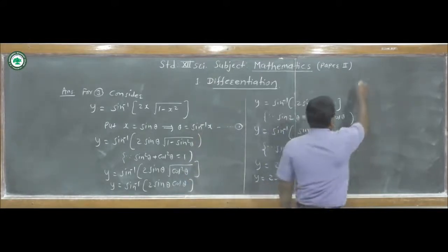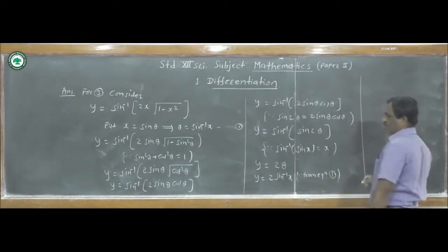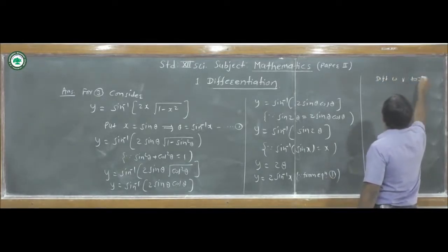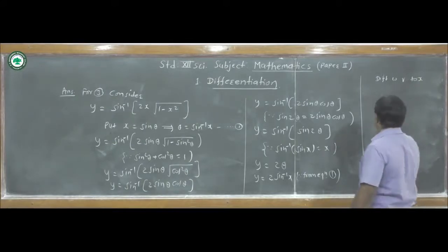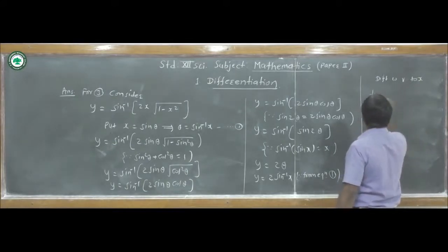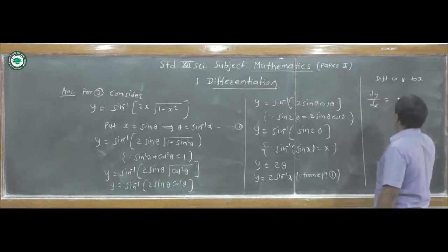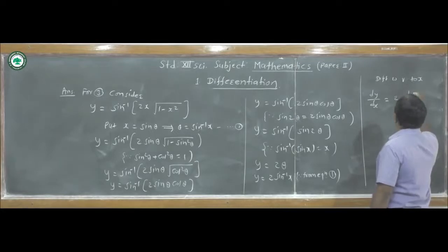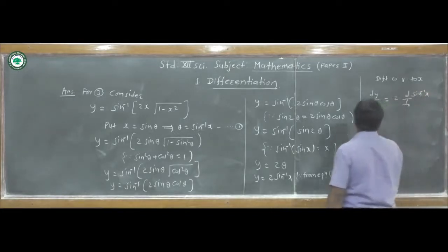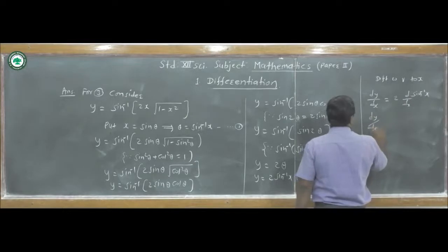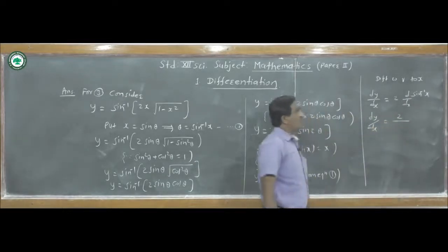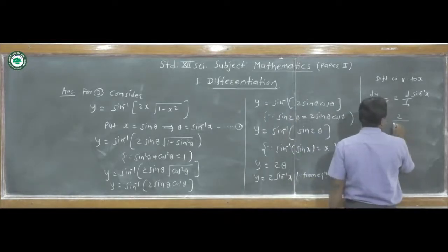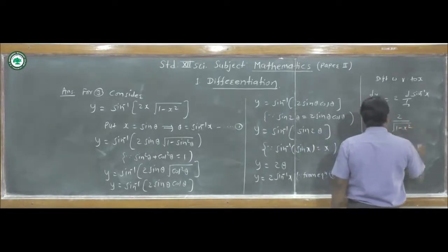Okay. Now differentiate this equation with respect to x. Therefore, derivative of y is dy upon dx equal to 2 is a constant term into derivative of sine inverse x. We know that derivative of sine inverse x is 1 upon under root 1 minus x square.